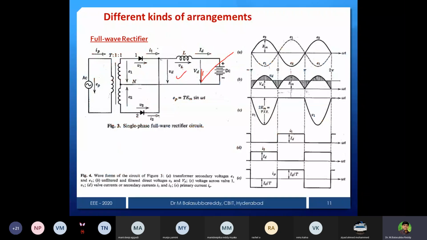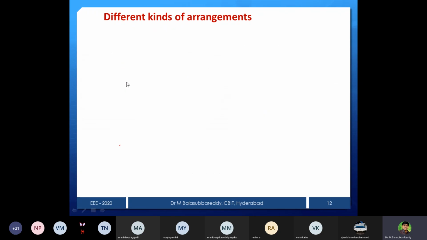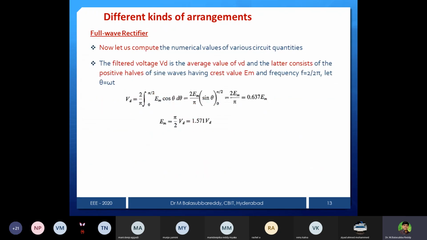Yes, this is the thing we can see here, this 2Vm. So when any of the devices is conducting, automatically the total secondary winding is connected to valve 1 or valve 2, depending on the conduction of the devices. And this one small derivation, you are just finding the crest voltage or peak voltage Em.